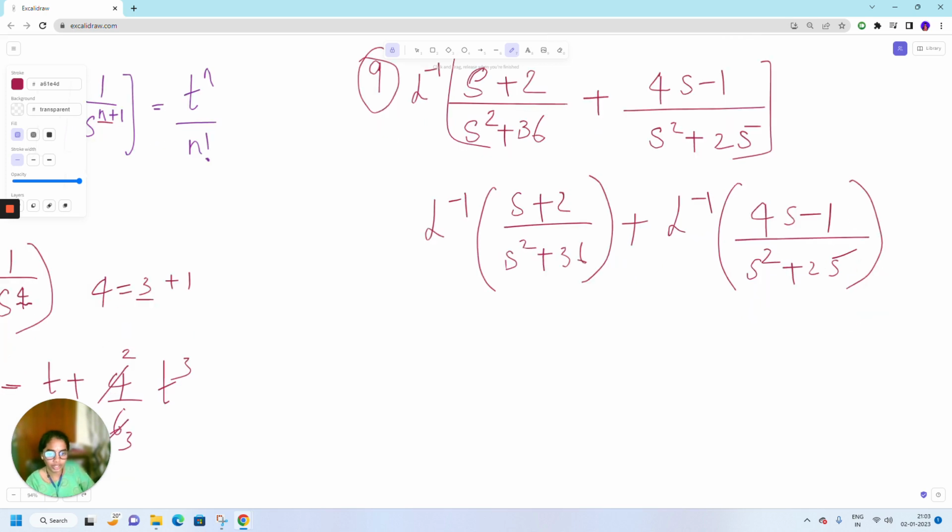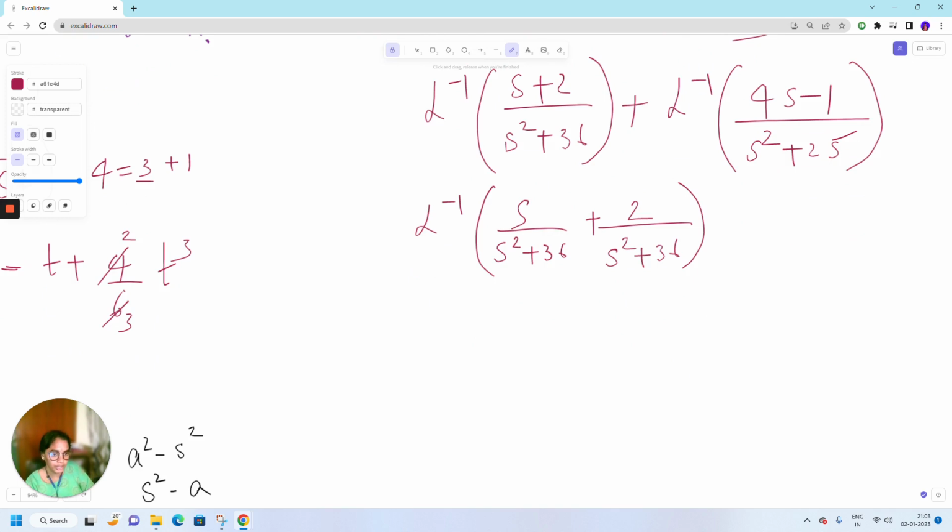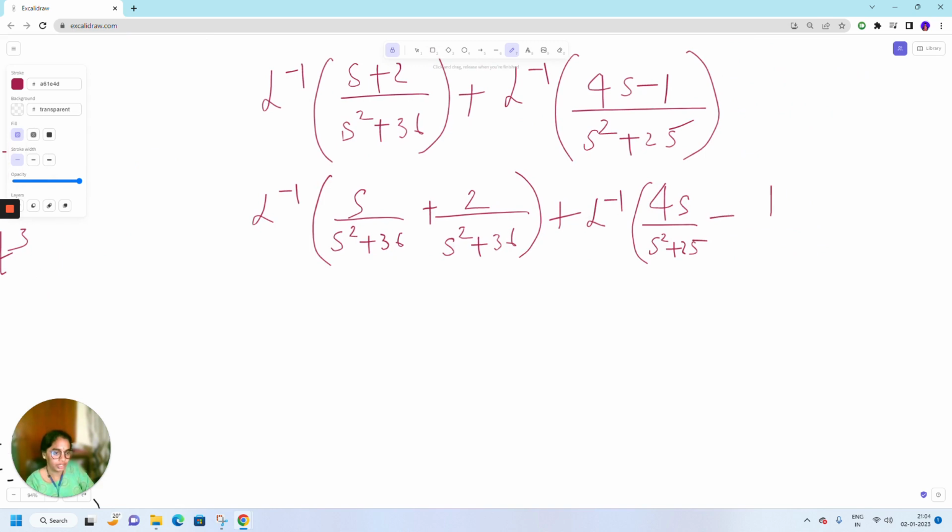So this would be Laplace inverse of s divided by s square plus 36 plus 2 divided by s square plus 36, plus Laplace inverse of 4s divided by s square plus 25. That's what I'm doing. In the numerator, I'm giving each term to the denominator. If I take the LCM, I would get the previous step.